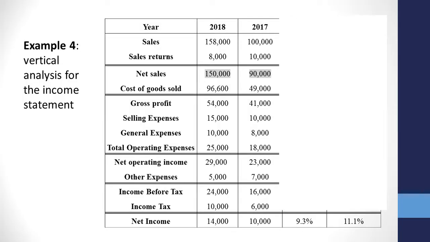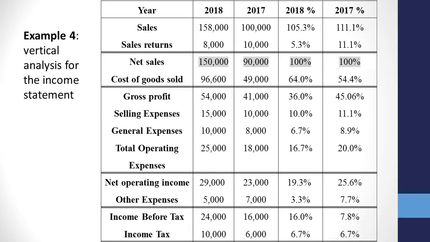So how about doing a vertical analysis for an income statement? Here we have the income statement for 2018 and 2017, and you are required to prepare the vertical analysis for both years like we have done with the balance sheet. Let's see how to make it. We are going to follow the same steps as we did with the balance sheet.